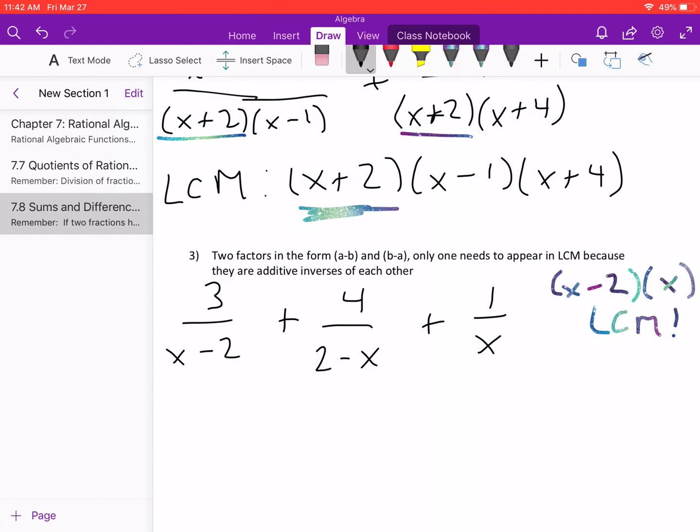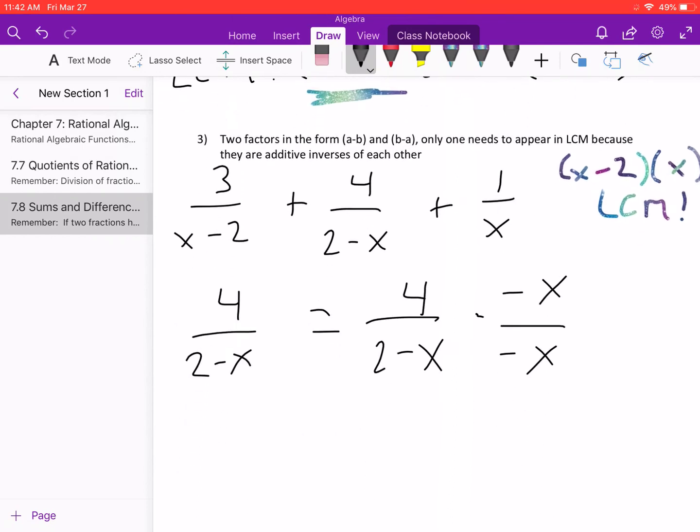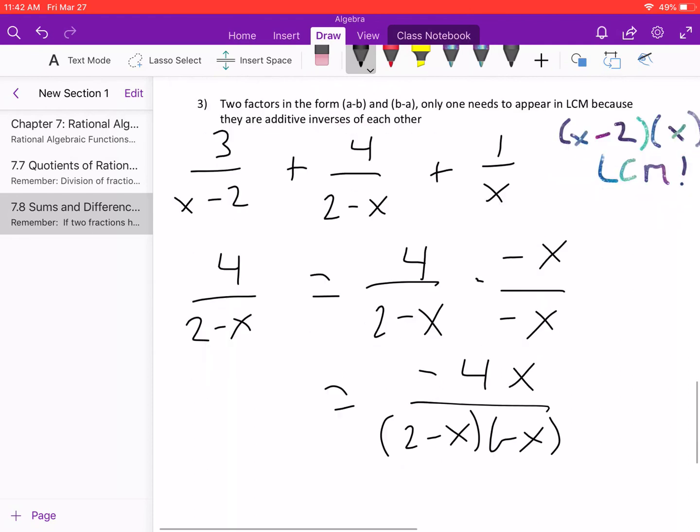Let me show you why. If I look at 4 all over (2 minus x), and I take 4 over (2 minus x) times negative x over negative x, this will simplify to negative 4x all over (2 minus x) times negative x.